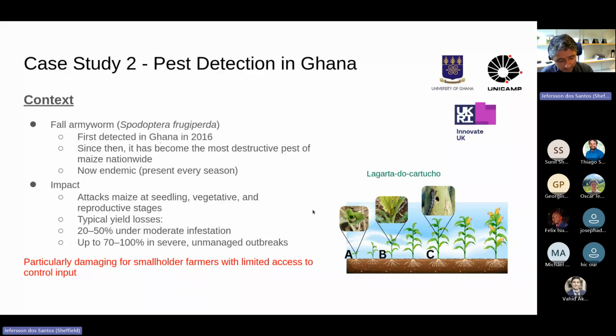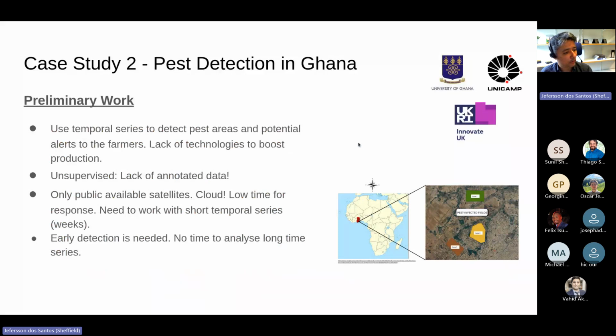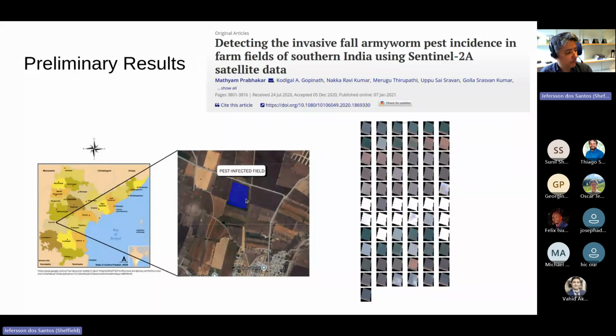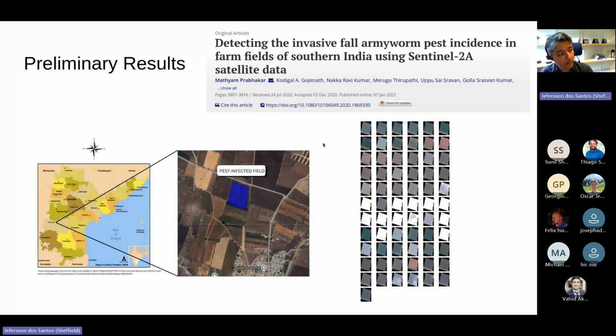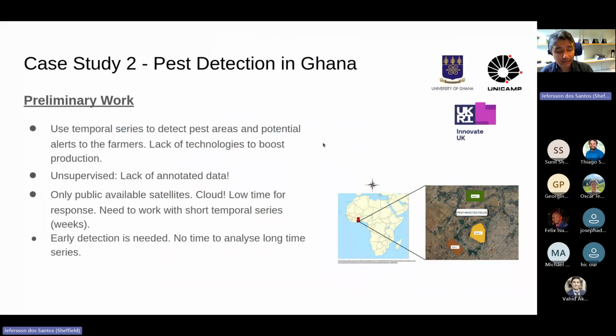And so the idea is trying to monitor and to use remote sensing data to prevent the spread of this pest. This is a very challenging problem because the alert should be issued very quickly.